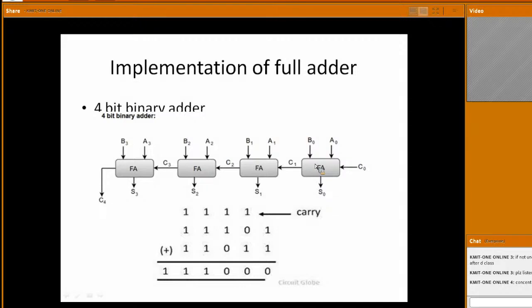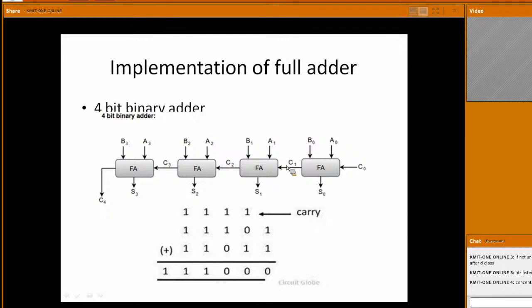This carry of the first full adder is given as an input to the next full adder, that is your second full adder. What is the input to the second full adder? A1, which is the second bit of register A, and B1, which is the second bit of register B. So these are the two bits, and one more input is coming from the previous full adder, that is C1.